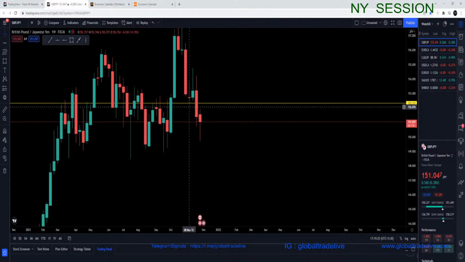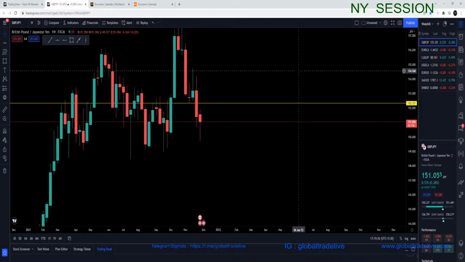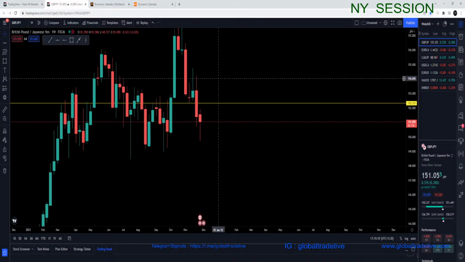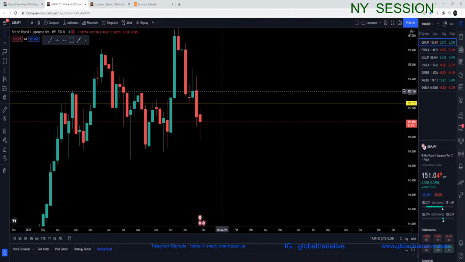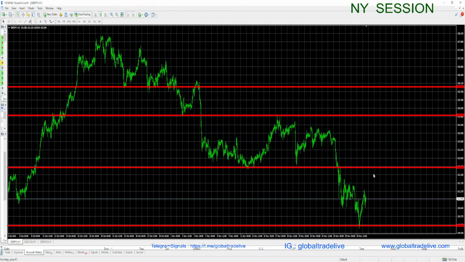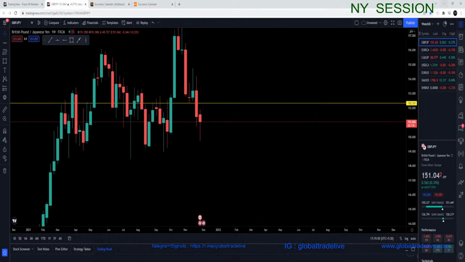So the chances are that it will be going up again to test that area, and look at what that area is. That area is 152.337. So every area in every time frame is pointing towards 152.400, 500 or 337 area. That means it should be going up to test that area. That means this analysis will be proven in some time.